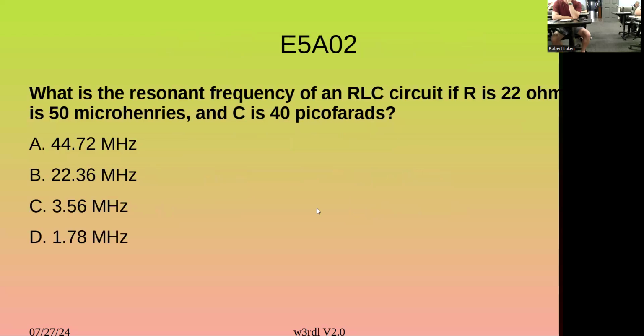So let's do a real question. We got a 22 ohm resistor, a 50 microhenry inductor, and a 40 picofarad capacitor. What is the resonant frequency? It's a memorization question.